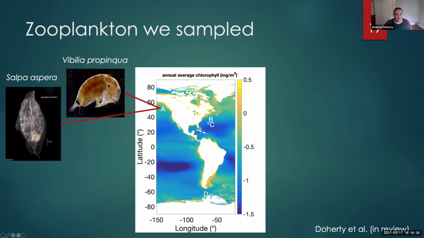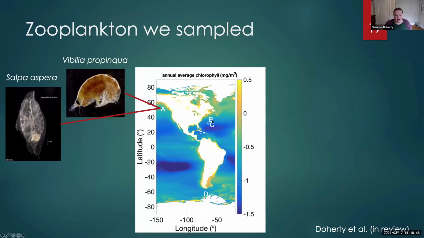Then we have Vibilia propinqua, which are parasites of salps. They live inside the salps and consume both salp tissue and the particles that the salps are collecting. So they're an interesting end member to study.